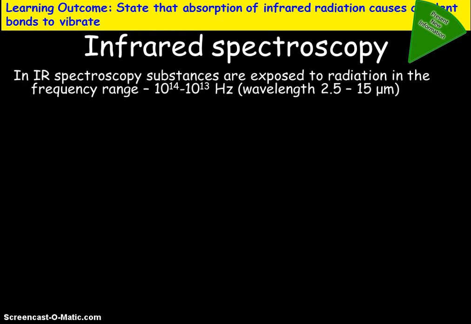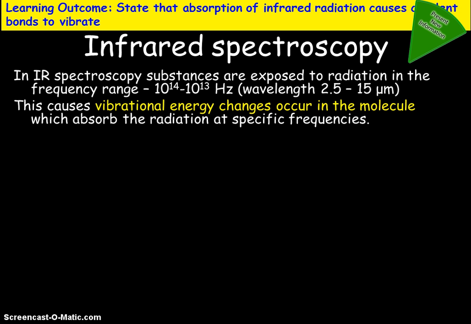So infrared spectroscopy works on the basis that when you shine radiation onto a chemical, it will absorb the radiation that corresponds to a wavelength between 1.5 and 15 micrometers, which is the infrared part of the electromagnetic spectrum. When that energy is absorbed, this causes a change in the vibrational energy in the bonds, and that happens at a very specific frequency.